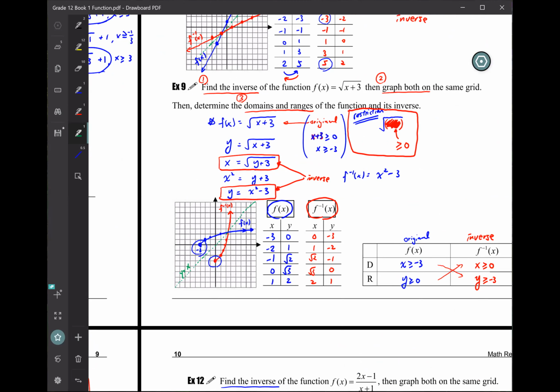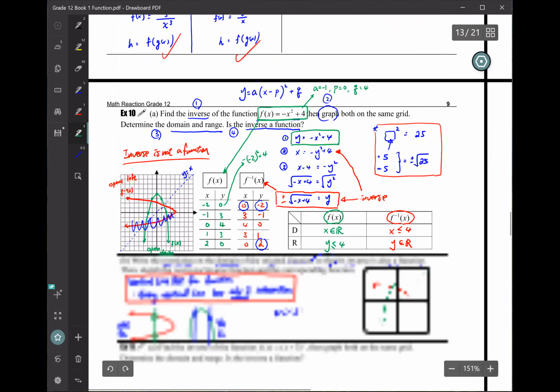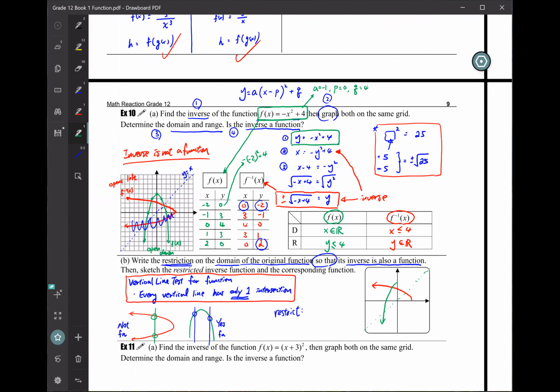The blue one is the upper, the red one is the right side. So the upper and the right side will be a pair. If we want to cut off the bottom part, we need to cut off which part of the green? The left side. Yeah, we need to cut off the left side.